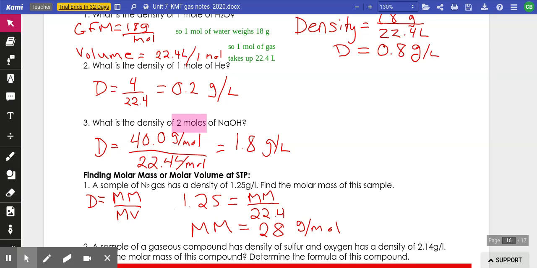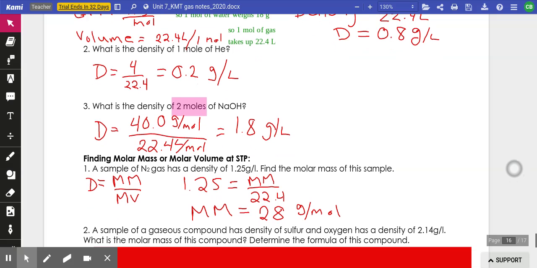So that goes in the density position. That equals a molar mass that I don't know yet. So that's my X, or unknown value. And I'm going to input the molar volume of 22.4 liters on the bottom. And if I cross multiply these two values here, I wind up with a molar mass of 28 grams per mole.